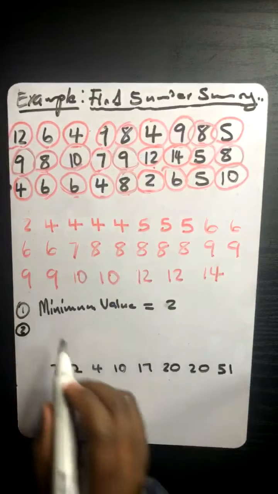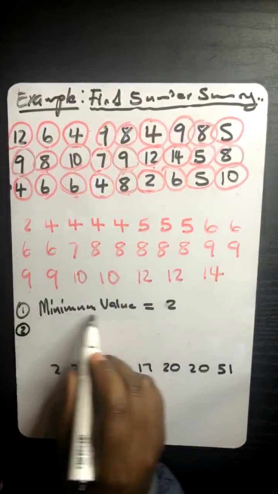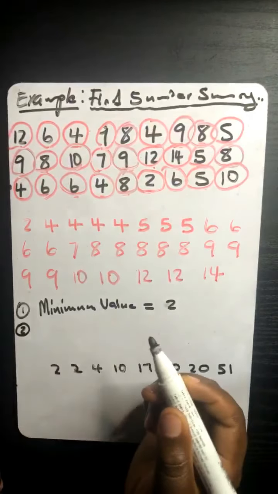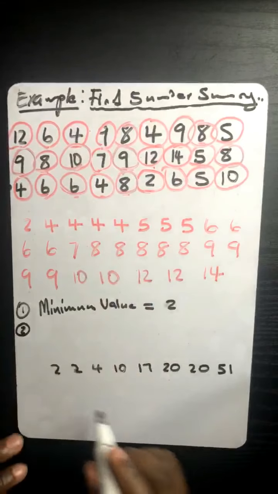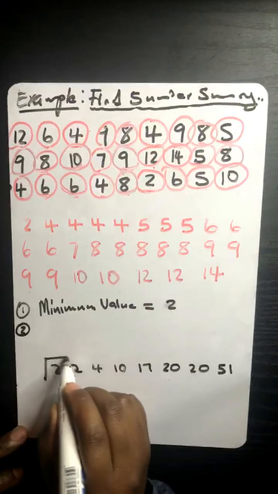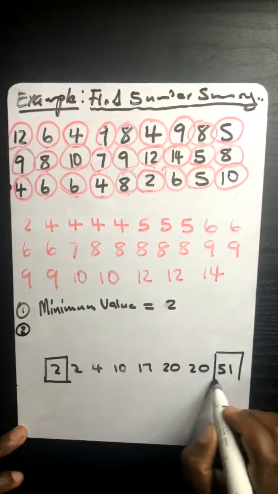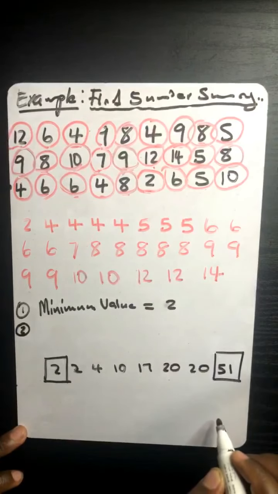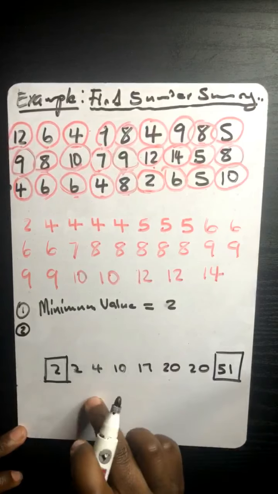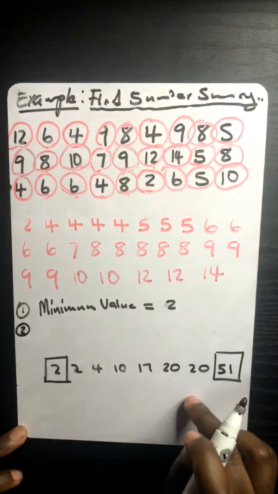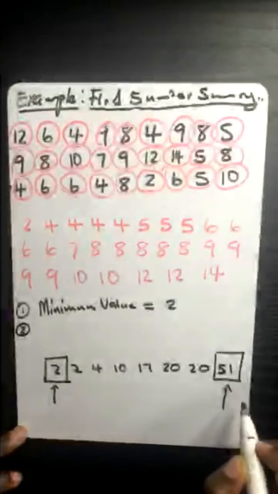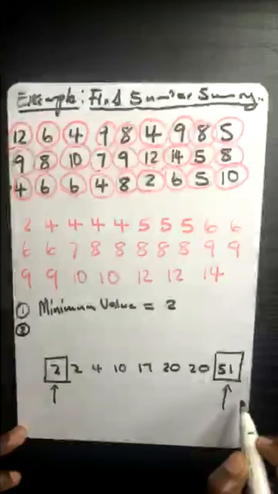When we talk about the 5-number summary, we want to know the minimum value, the maximum value, the middle value, Q1 and Q3. So in this case, this is the minimum value. This will be the maximum value. What is the middle value?